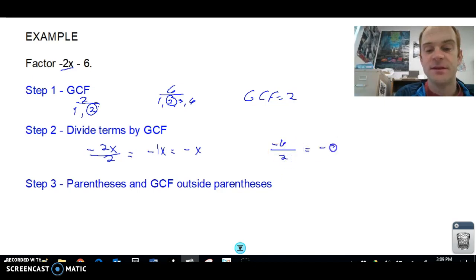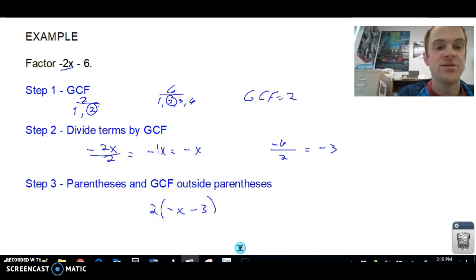That is negative 3. So here I have my terms. Now I write those inside the parentheses: negative x minus 3. And outside the parentheses is where I put my greatest common factor.